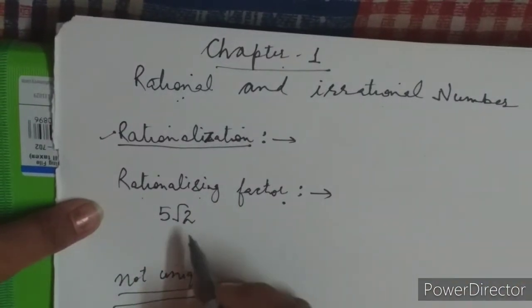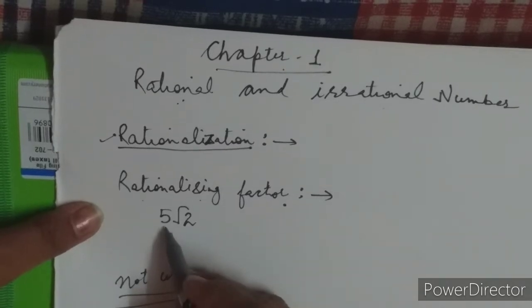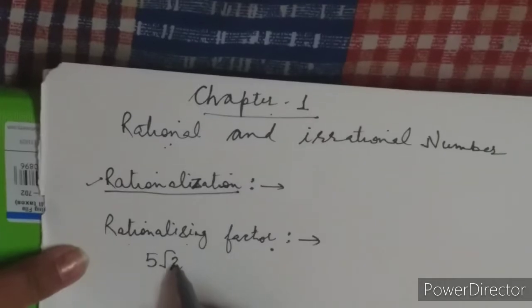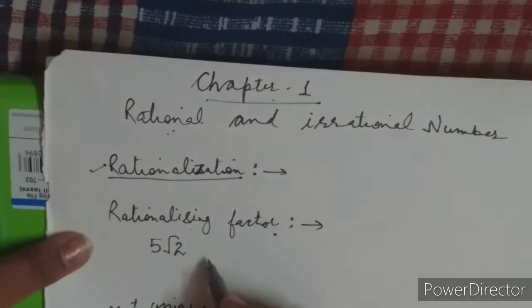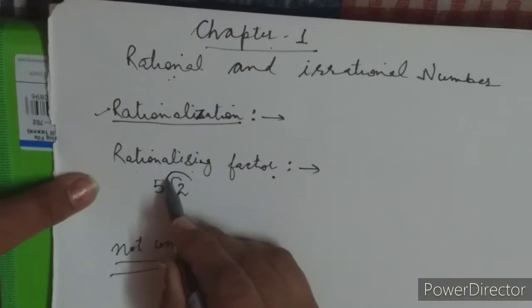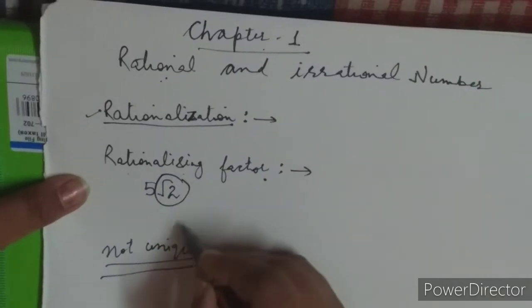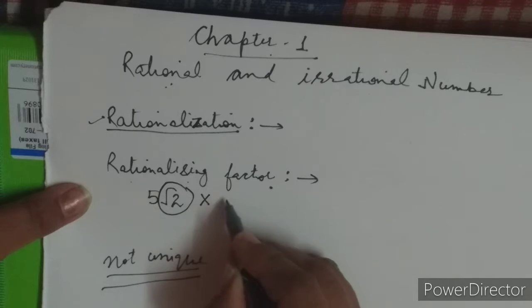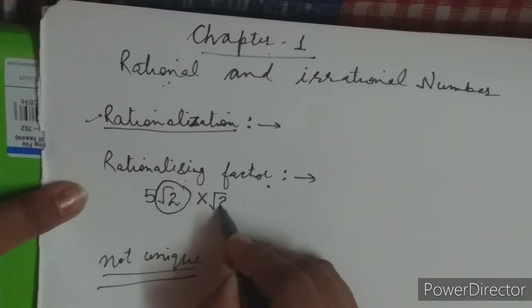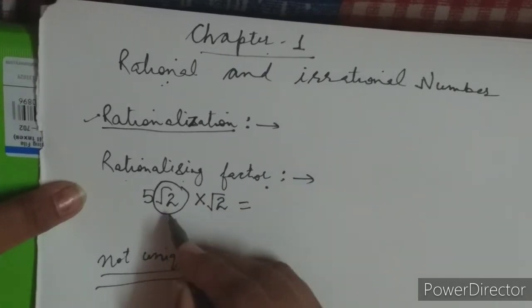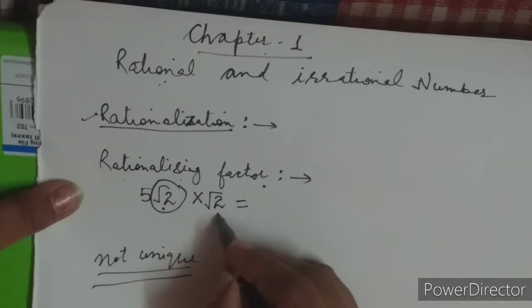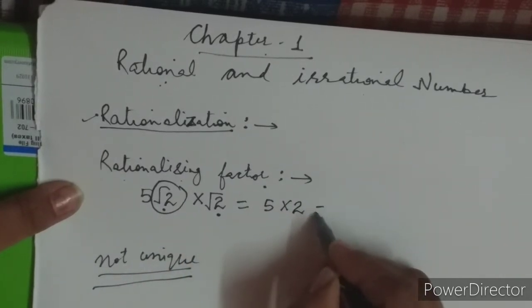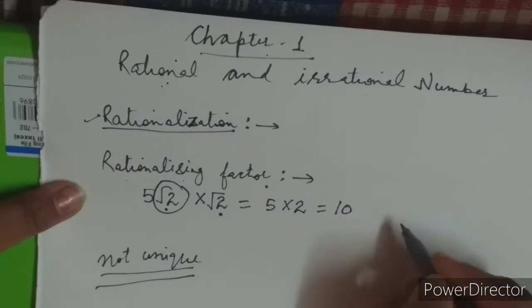Now, coming back to rationalizing factors, suppose we have the number 5 square root of 2. It is an irrational number, and if I want to remove this irrational part from the number, I simply multiply it by square root of 2. Square root of 2 multiplied by square root of 2 simply gives 2, and finally the answer will be 10.